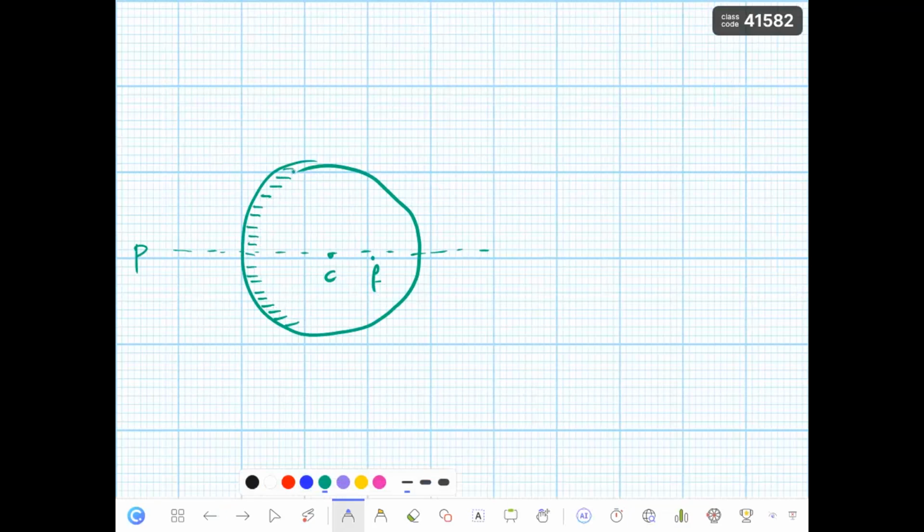If you just draw the rest, it's going to be part of the sphere. So if you coat inside the sphere with that specific material, sometimes it can be Pb, sometimes it can be Ag, you would create a convex mirror. So if I draw the convex mirror, this is going to be the convex mirror. It does have a center of curvature, it does have focal point, and this is going to be the principal line.